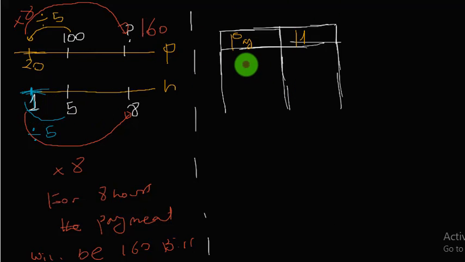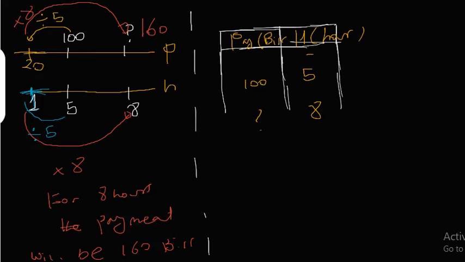So for every 5 hours, he will be paid 100 birr. Write the unit also here, birr, and this is hour. And then the point is, if he works for 8 hours, how much will he be paid?